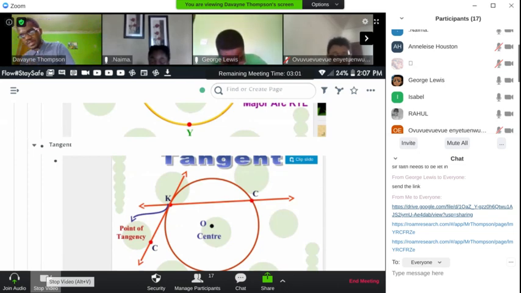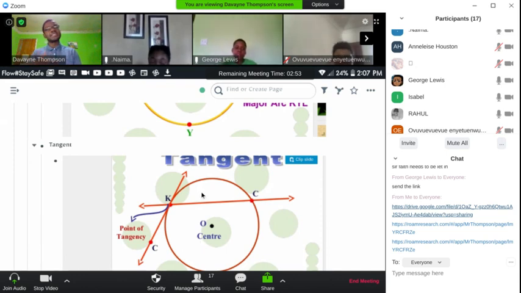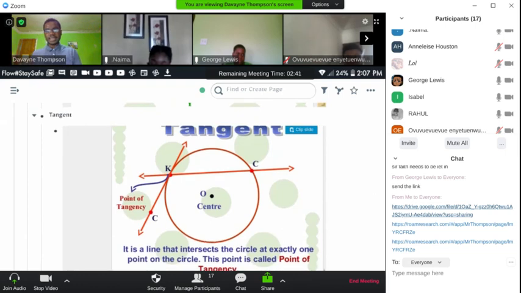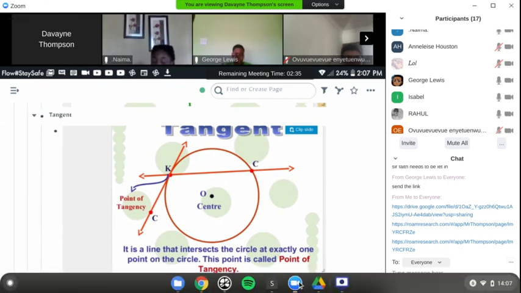So look at the arrowhead. You see that the line is continuing in one direction, but because it interacts with the circle at 1 point, the point of tangency, we have to say it's a part of the circle. So the point K of the line touches both the circle and the line that's passing by, and that's a tangent. So the definition is a line that interacts with the circle at only 1 point. Yes.